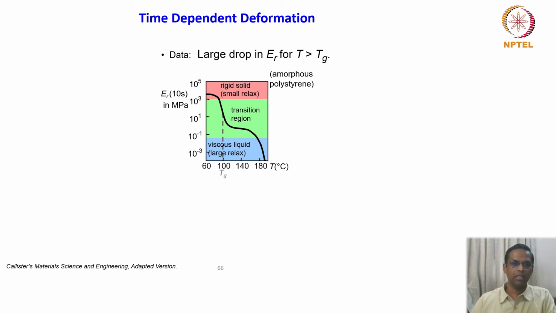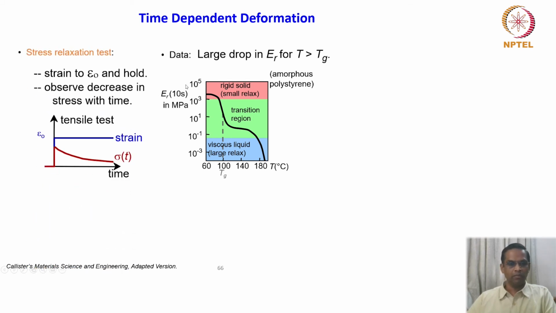How does that related here? So this is a Young's modulus versus T plot, E versus T, where you see that ER is the reduced elastic modulus, and why we are talking about it, we will come back to in a minute.